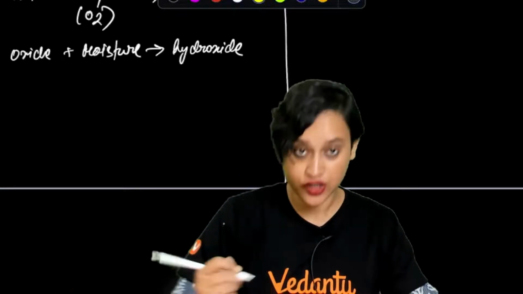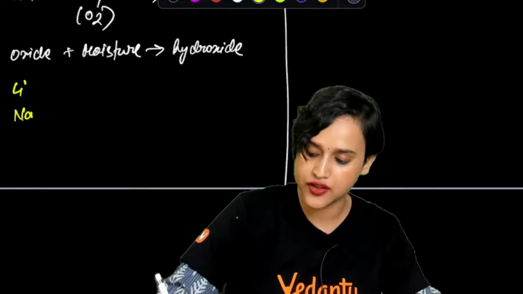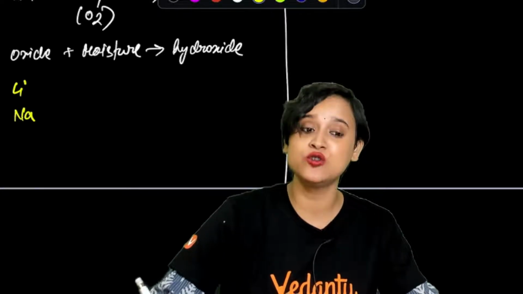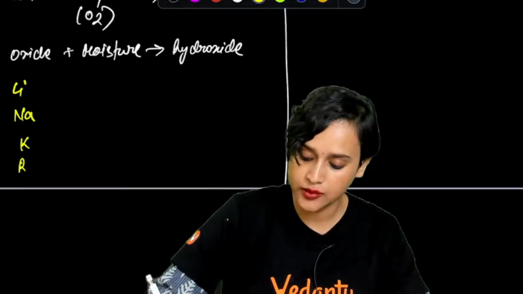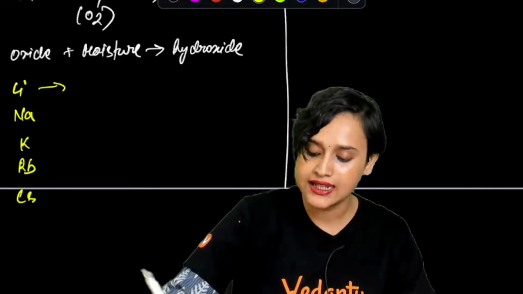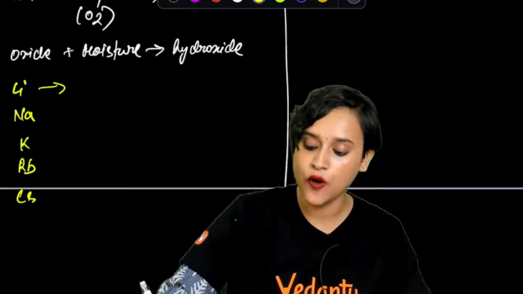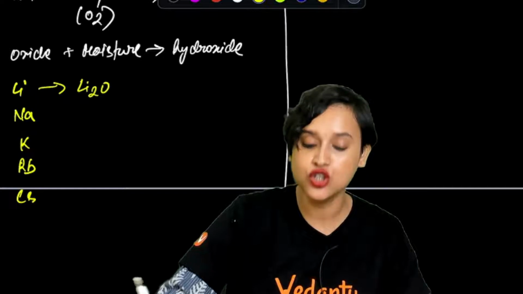This is exactly what happens here. Here also the oxides that are formed are like that. You get oxide, peroxide and superoxide. Let's check it out. You have lithium, sodium, potassium, rubidium and cesium. Lithium, when it reacts with dry air, forms oxide, Li2O.